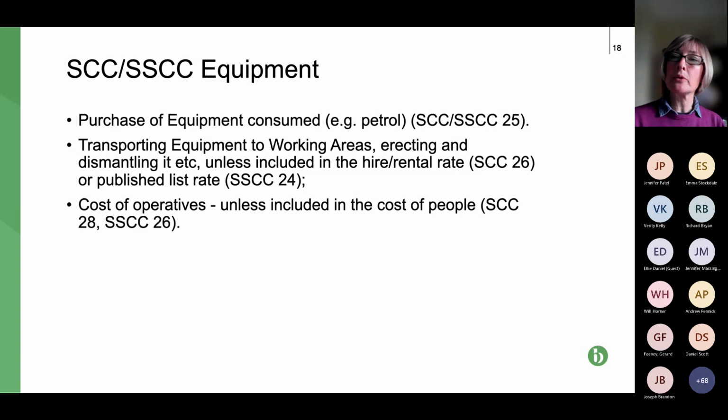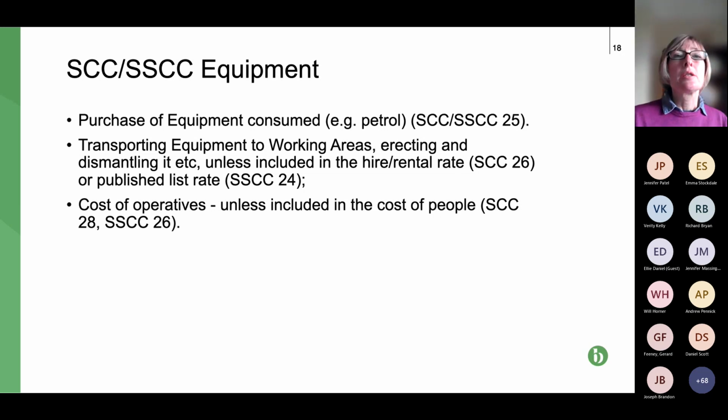So the cost of transporting equipment to site, to working areas, cost of erecting it, dismantling it, they're all claimable and payable, unless, of course, they're already included and have been claimed for in the hire or rental rate. So, of course, that would effectively be double counting. We know double counting is not allowed.